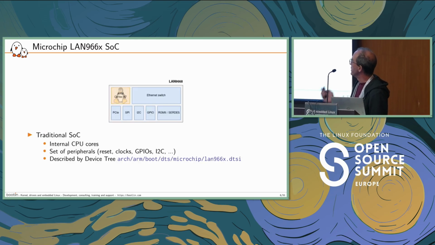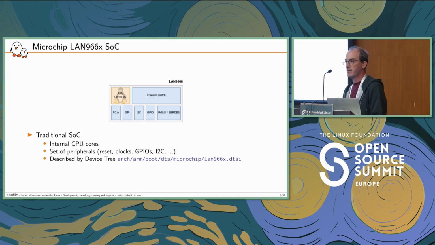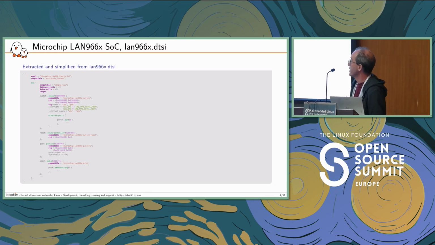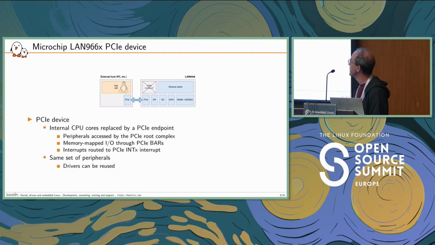In the traditional SoC, we have the internal CPU cores with a bunch of peripherals as usual, and everything is defined with a device tree, in this case, the LAN966x DTSI. Just an extract of this DTSI, nothing strange in that. There is a SoC node with a bunch of devices under that node.